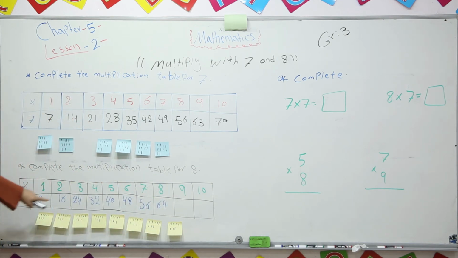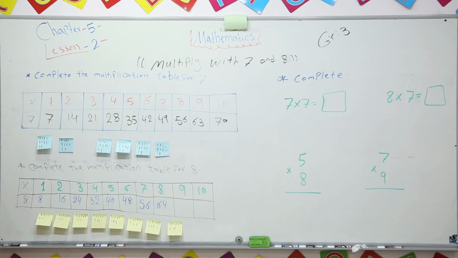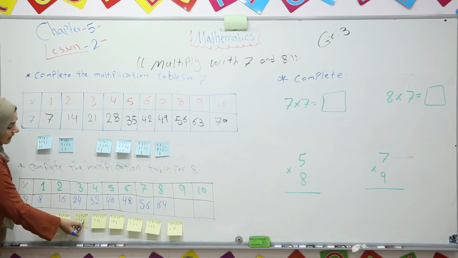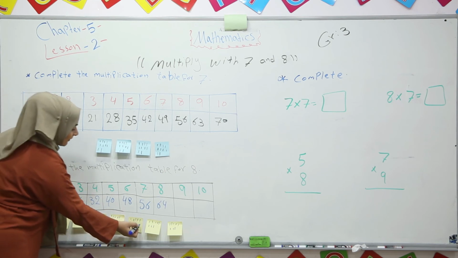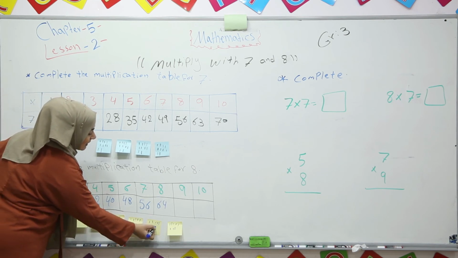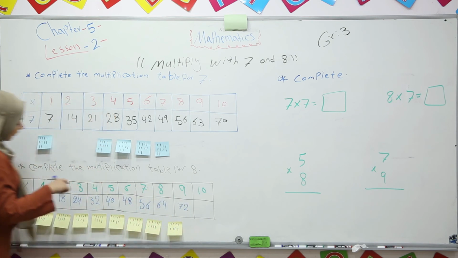We have 8 groups. Each group contains 9 objects, okay? 64, 65, 66, 67, 68, 69, 70, 71, 72. So it is 72.